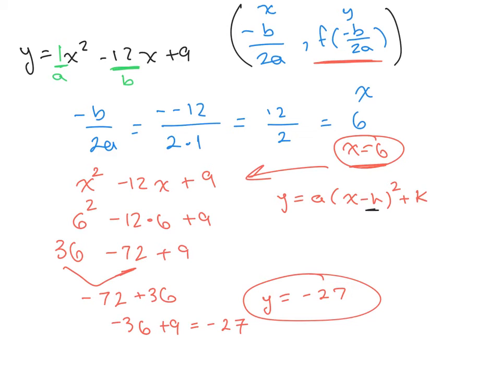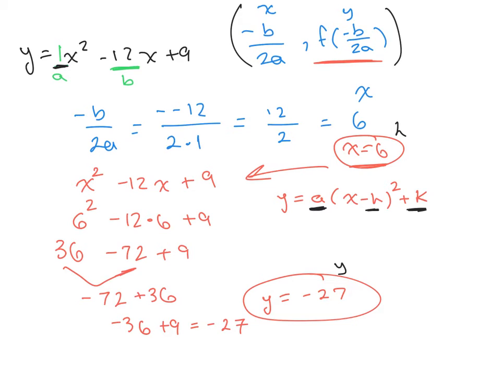And this h is the x-coordinate of the vertex, and the k is the y-coordinate of the vertex. We also have this a, and the a is just like the a in standard form. So let's begin by writing our equation by replacing our values for a, h, and k.